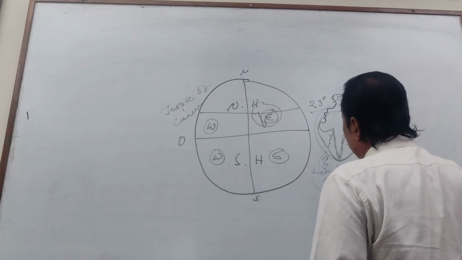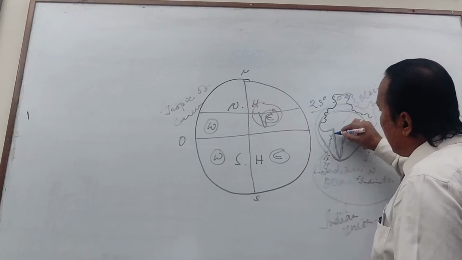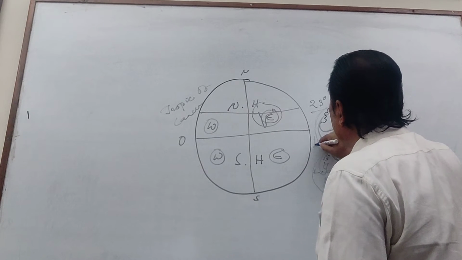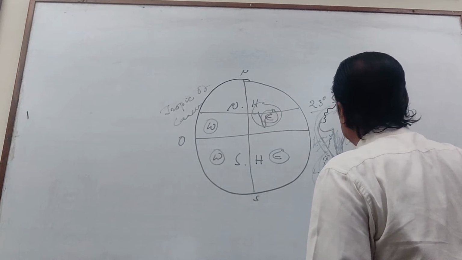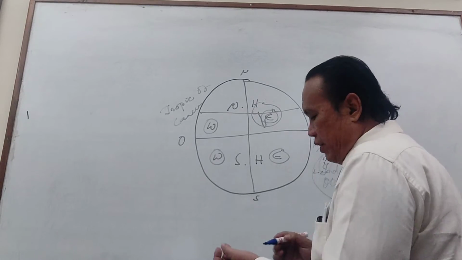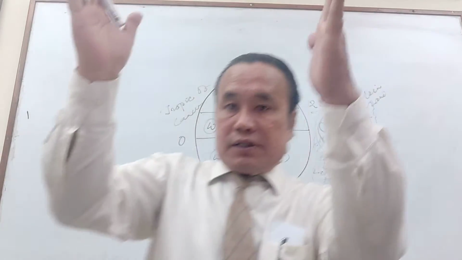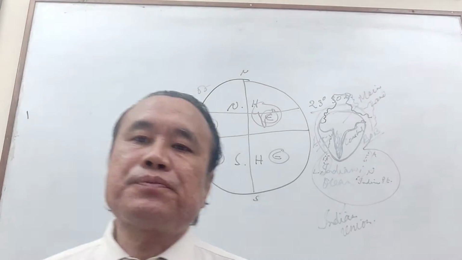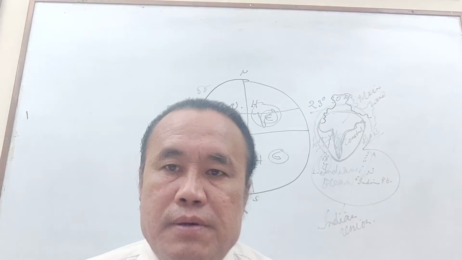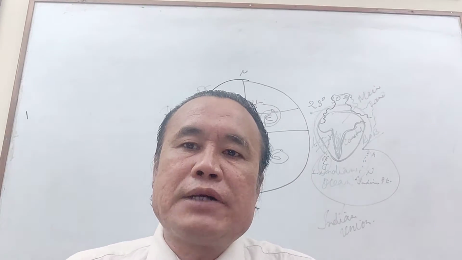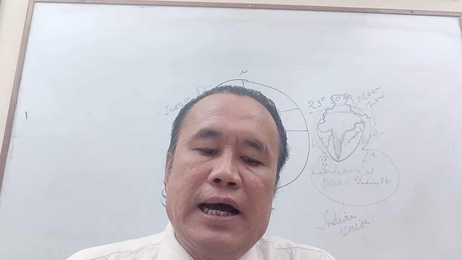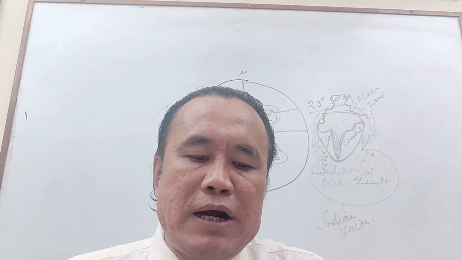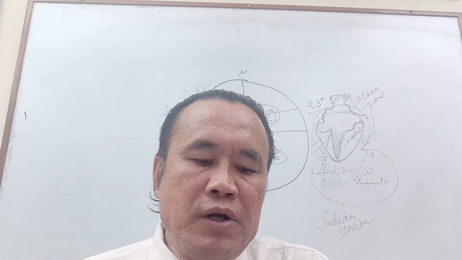So this part divides into two parts, the Arabian Sea and the Bay of Bengal. I am writing BOB. So this tapering peninsular part divides the ocean into two parts, the Arabian Sea in the west and the Bay of Bengal in the eastern side.